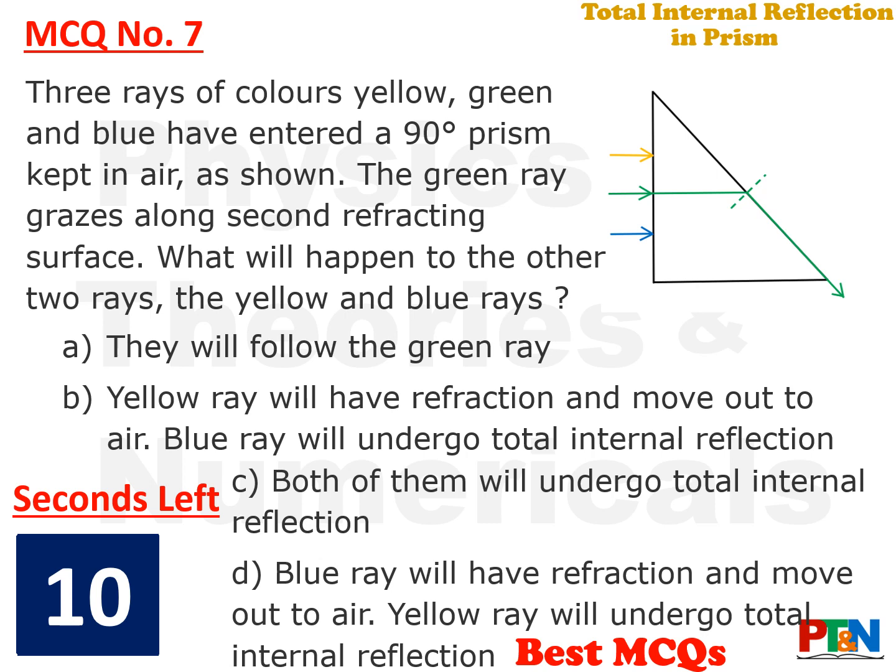Option A, they will follow the green ray. Option B, yellow ray will have refraction and move out in air. Blue ray will undergo total internal reflection. Option C, both of them will undergo total internal reflection. Option D, blue ray will have refraction and move out to the air. Yellow ray will undergo total internal reflection. You have got 10 seconds time. Timer starts now.